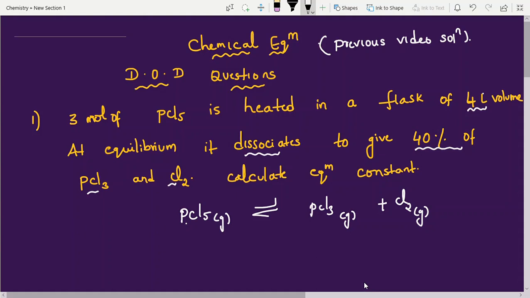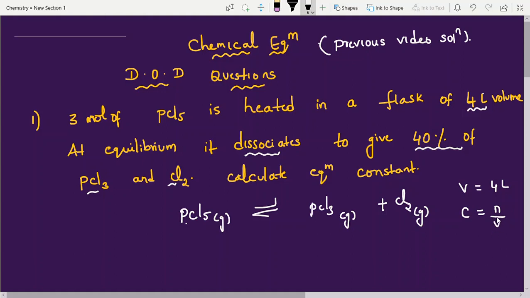See students, the given information, first we have to note it down. Volume, how much volume they gave? 4 liters they have given. If they have given volume, then definitely we have to consider it. Some numericals they give just 1 liter, or sometimes they are not giving it. That means no need to calculate. But here, with volume, what is concentration? Concentration is nothing but number of moles of the solute by volume in liter.